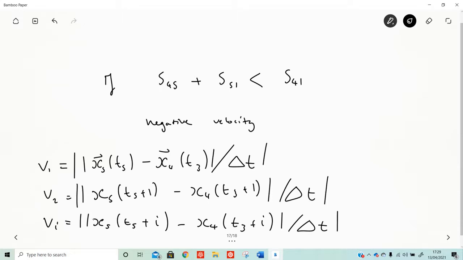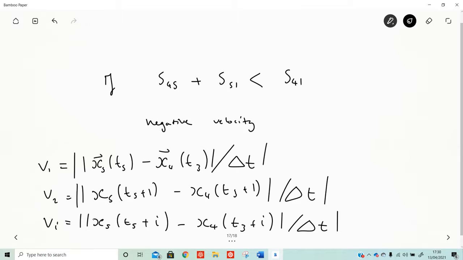Again, just to remind you, t5 is the time that the centralized point particle becomes aware that the information wave packet reaches point particle 5, and t3 is the time that it is aware that the information left pp4.